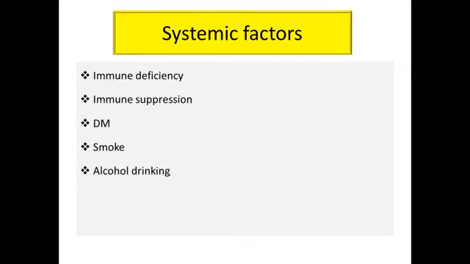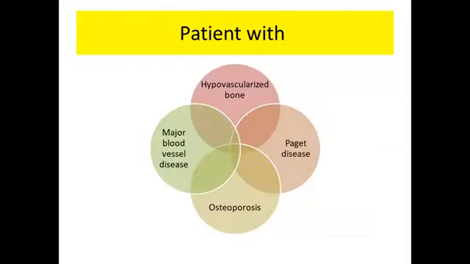Heavy drinking of alcohol: research reported that alcohol lowers the body's immune system. Malnutrition, for example vitamin deficiency, and the extremes of age.